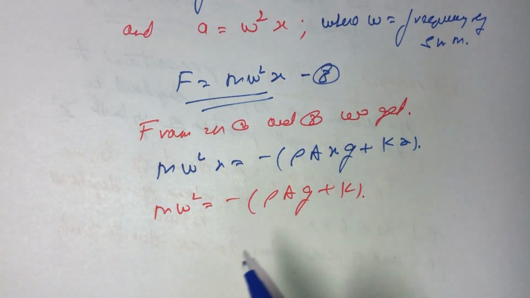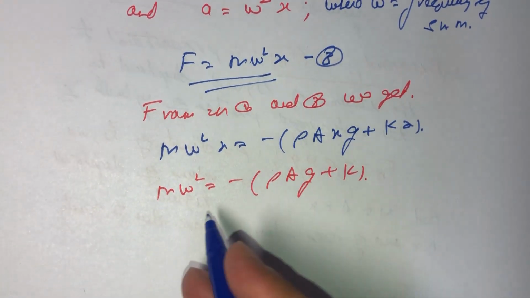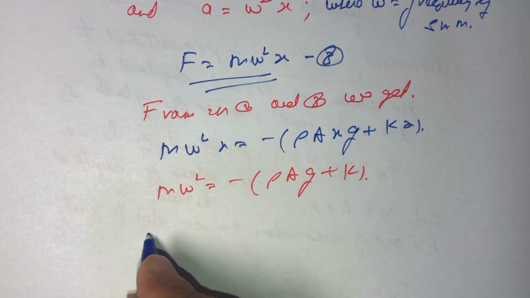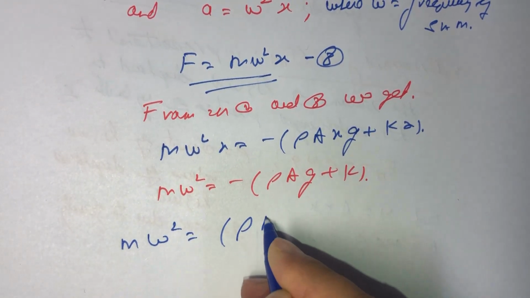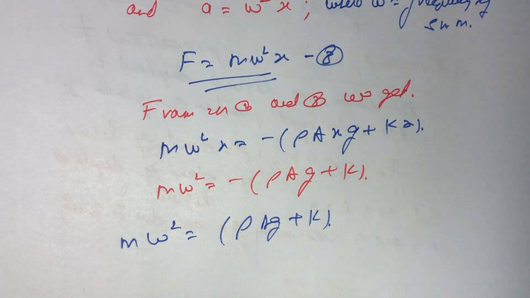We are only interested in the magnitude, and therefore m omega square is equal to rho a g plus k.